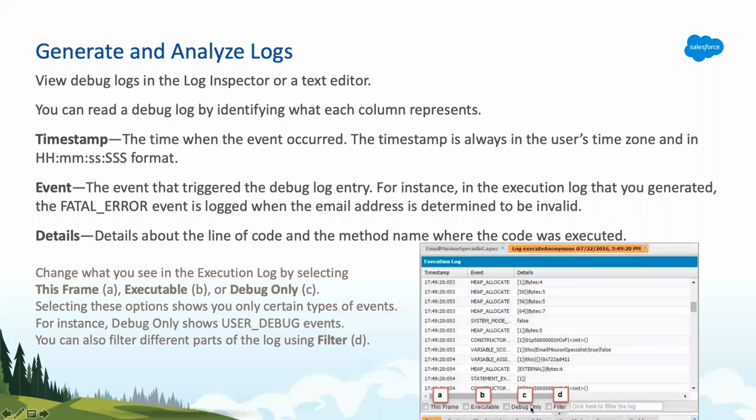I will show you how to do the filtering as well. So mainly we can see the timestamp in the first column. It will show you the user's time zone.